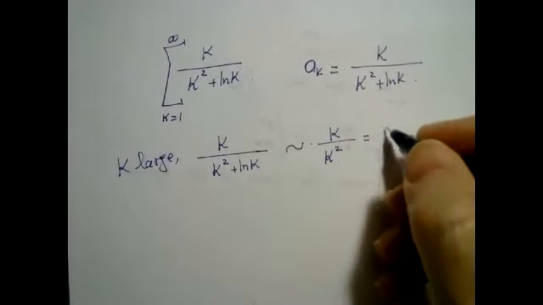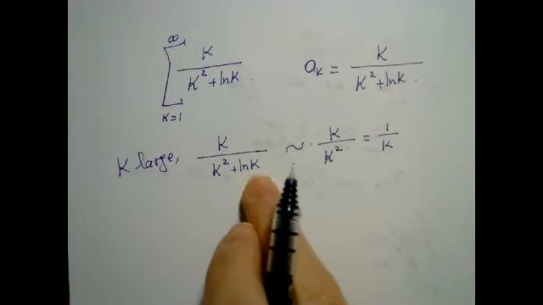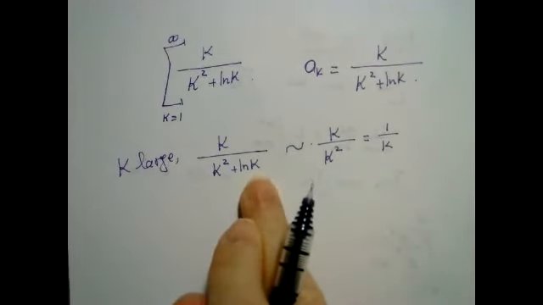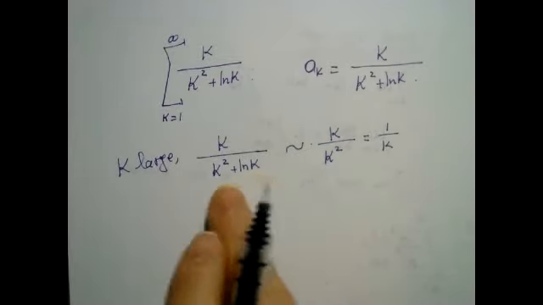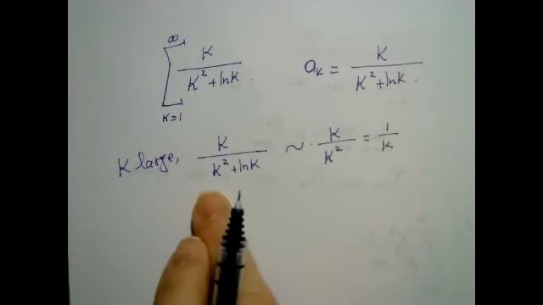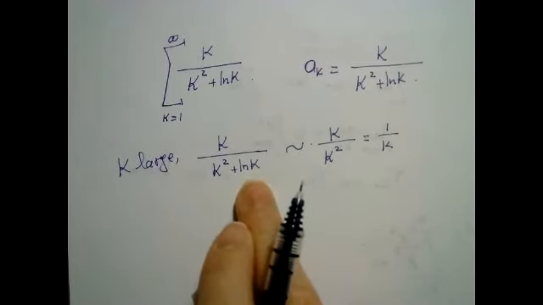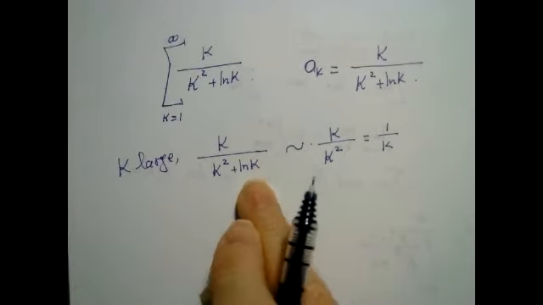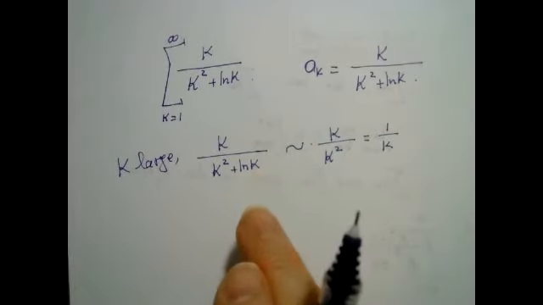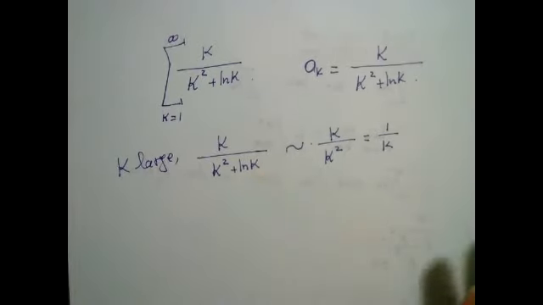Because ln of k goes to infinity really slowly; ln of 100 is like 4.6. Absolutely correct, the k squared takes over. Perfect. K squared takes over because ln of k, as your classmate put it very correctly, goes to infinity very slowly. We've done this before in class.